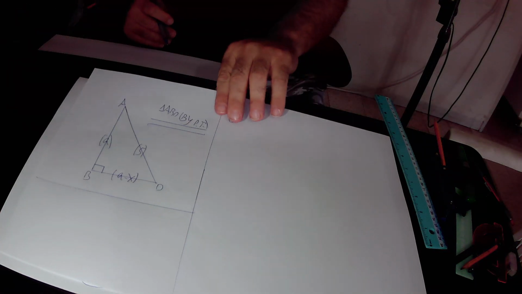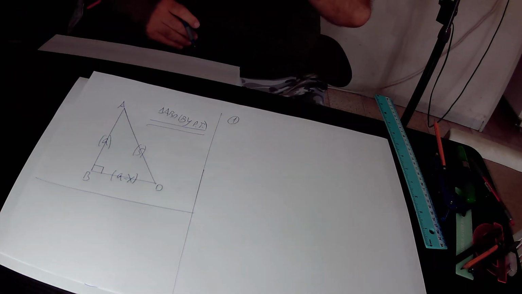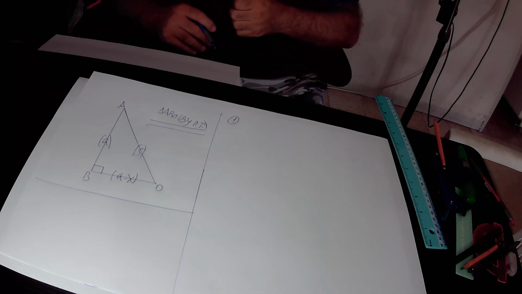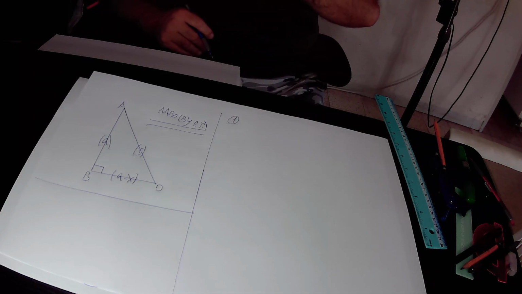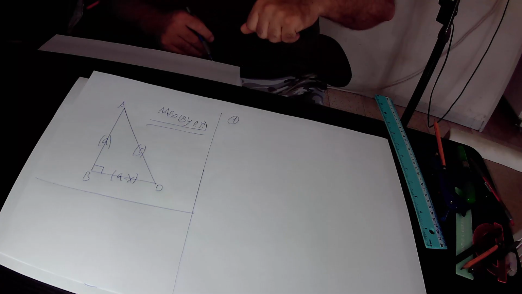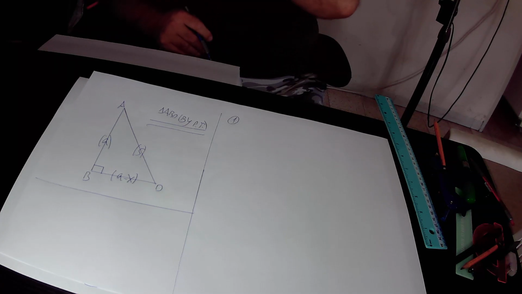This is the right triangle ABO that comes from the original drawing. In this right triangle ABO, AO squared, that is the square of the hypotenuse, equals AB squared plus BO squared. If I write it down, this will be equation 1.